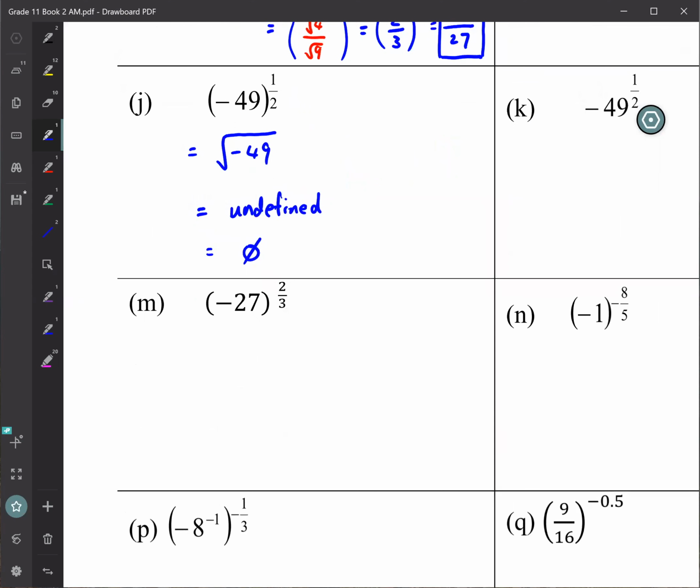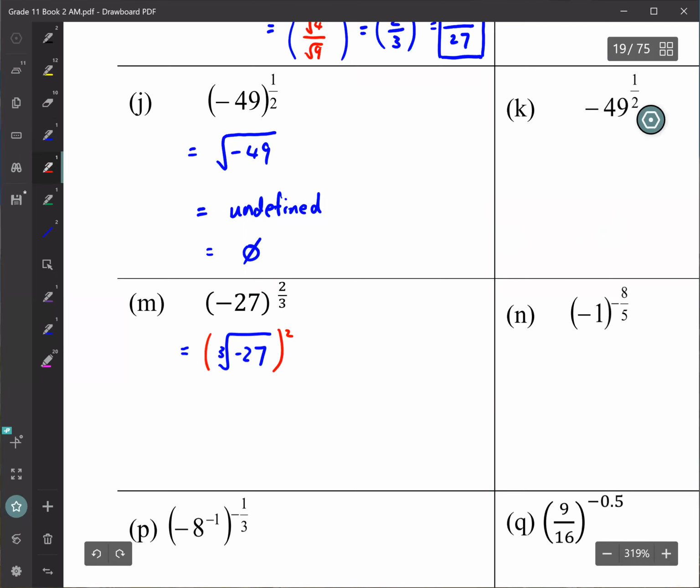Right, next one, question M. How do we start with this one? Yosher? Cube root of negative 27 in the bracket to the power 2. So the 2 on the numerator is the exponent, and the 3 in the denominator is the index.